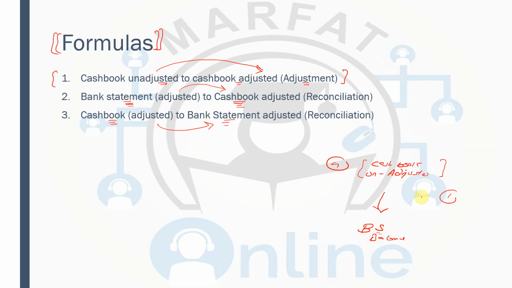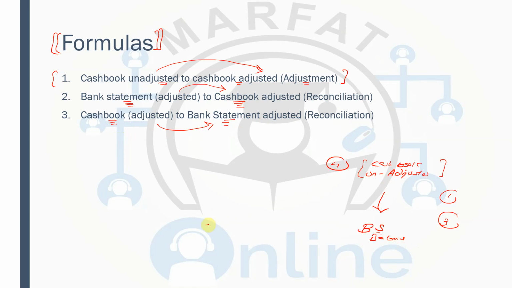When you apply the formula number 1, the cash book unadjusted balance will be adjusted. Then apply the formula number 3, because you already have the cash book adjusted balance from formula number 1, which takes you to the formula number 3, and then you can simply calculate the bank statement balance.